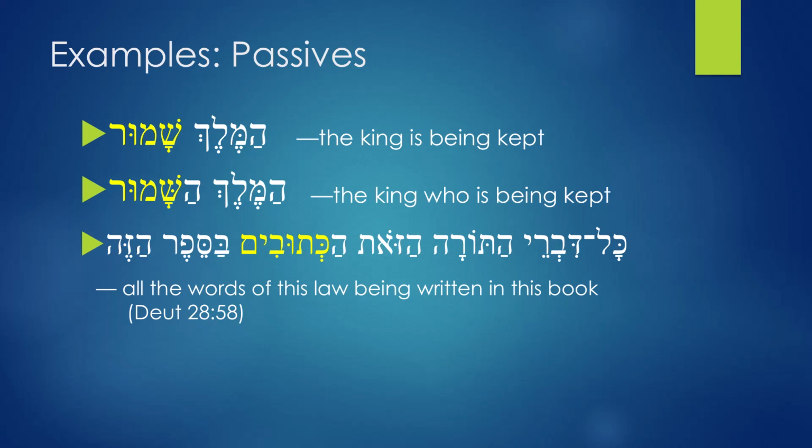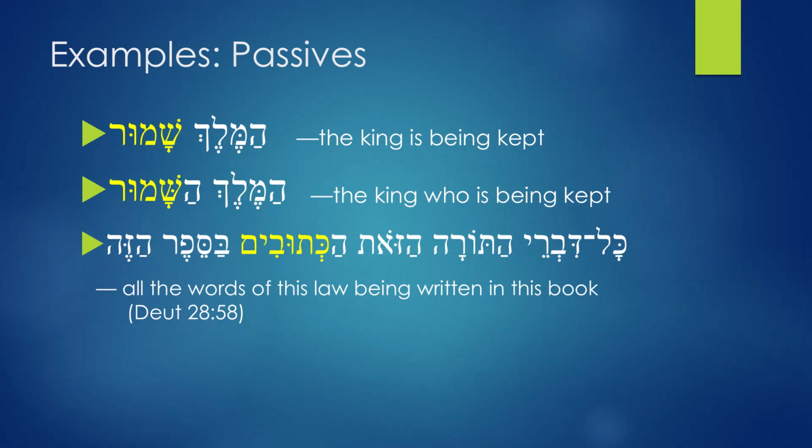Context determines the tense. Next phrase you have Hamelech Hashamur. Now, what I want to point out here is that when the participle is carrying a definite article, you're going to translate the participle as the king who is being kept. You're going to add the relative pronoun who.